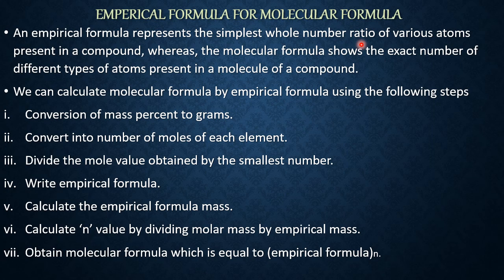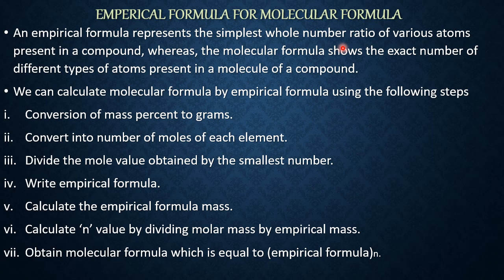Therefore, empirical formula for benzene is CH, whereas molecular formula for benzene is C6H6. Molecular formula will give you the exact number, whereas empirical formula will give us the simplest whole number ratio. That is the difference between the empirical formula and the molecular formula.